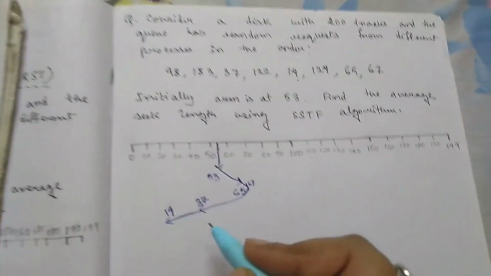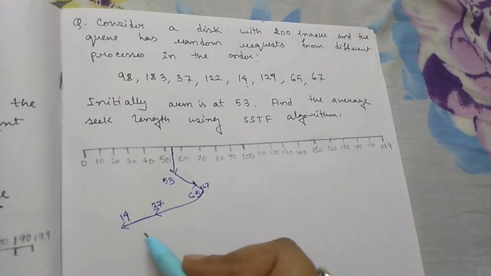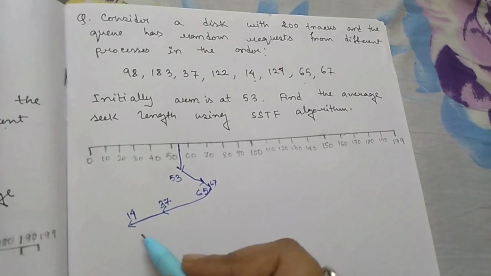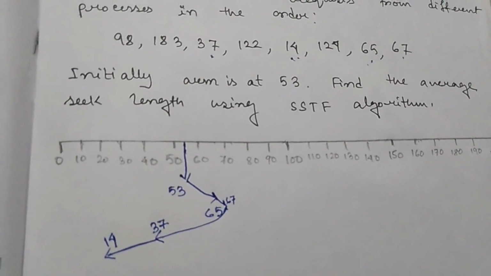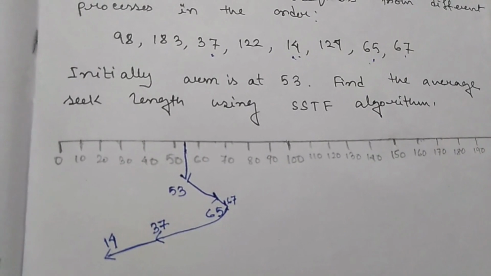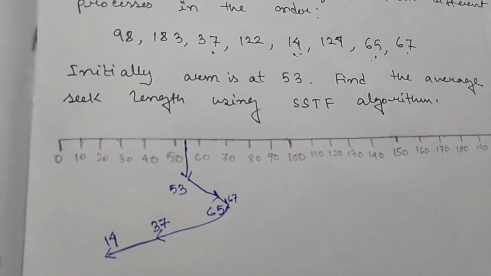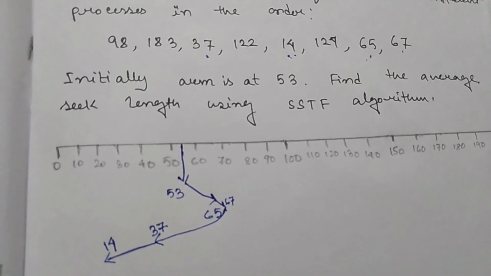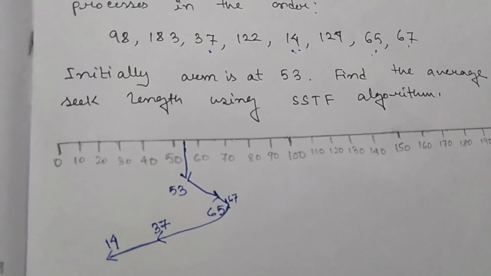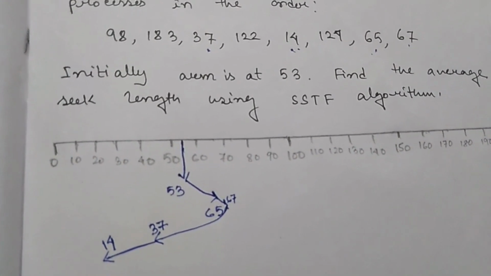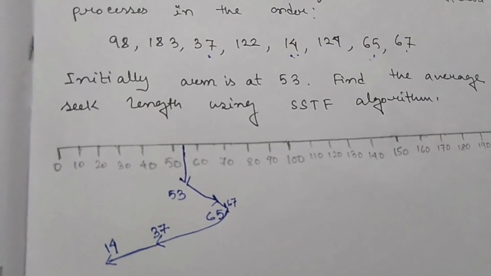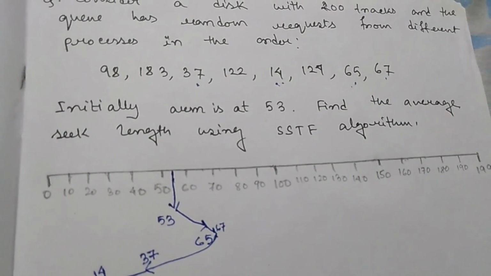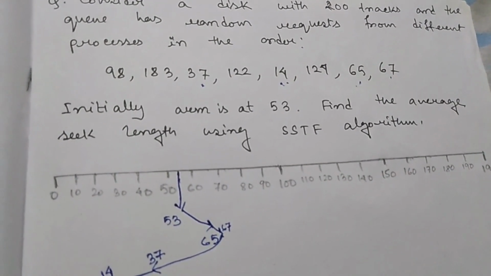Now when we look for the next nearest job to 14 in this queue, we see that 37, 14, 65 and 67 are already processed. So we have to consider the next bigger value. In this queue 98, 183, 122 and 124 are remaining, that means those jobs are not processed.